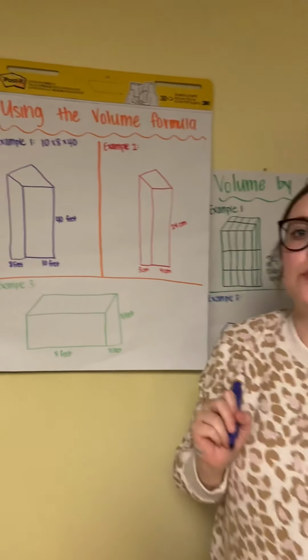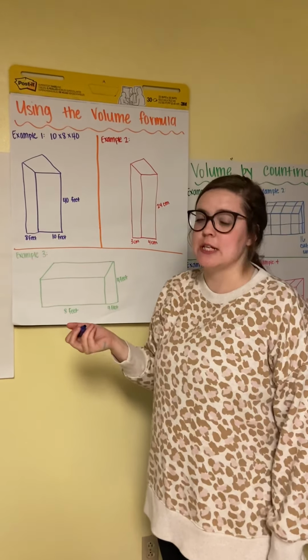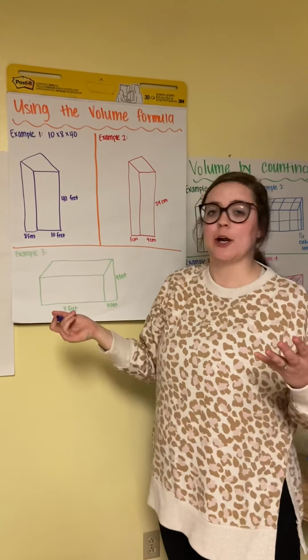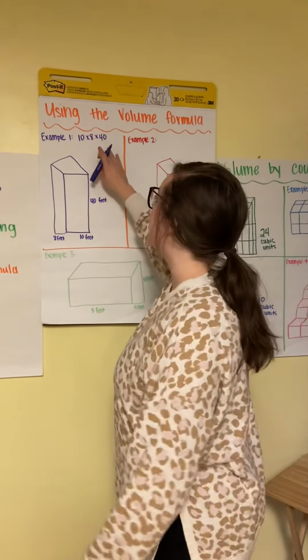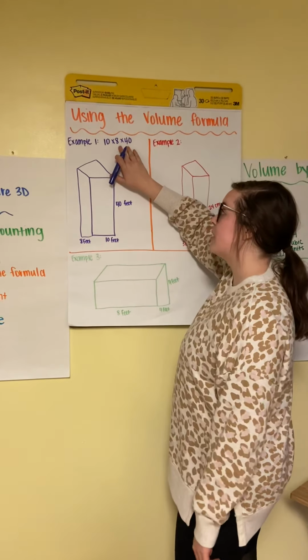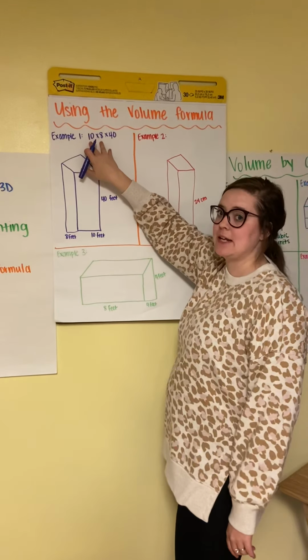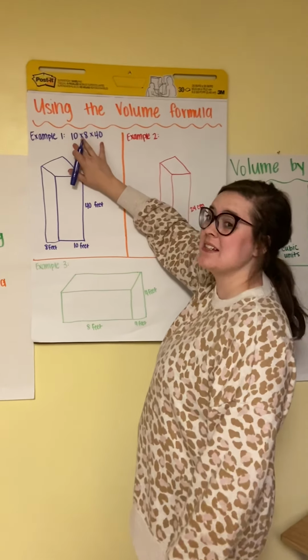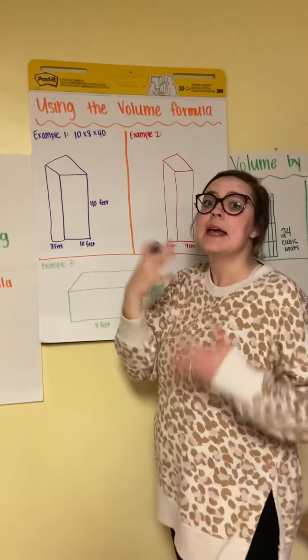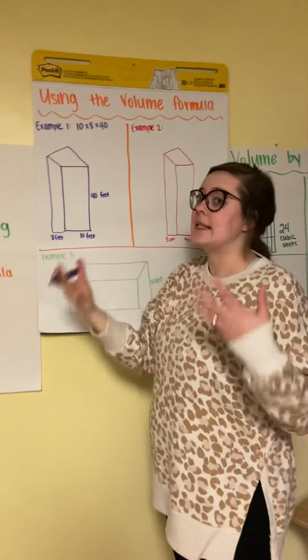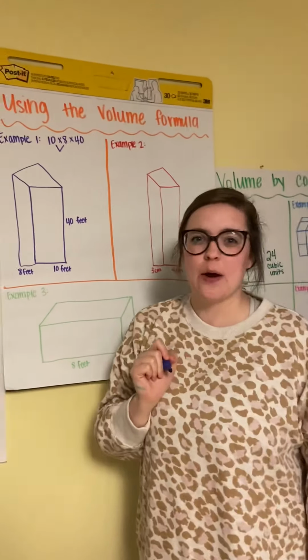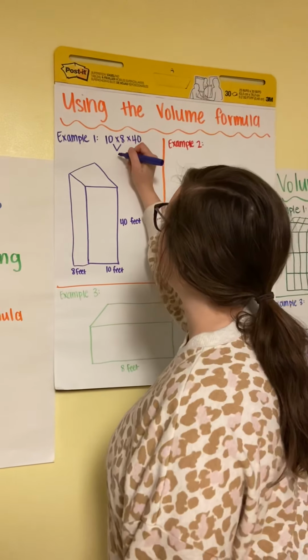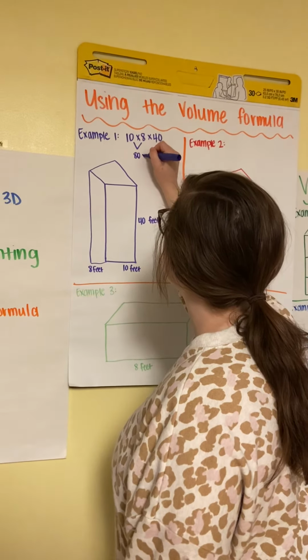So, you know that multiplication is commutative, that big word that means it doesn't matter what order it goes in. So you can choose if you want to do 8 times 40 first, or if you want to do 8 times 10 first. You could even do 10 times 40 and then multiply by 8. It's completely up to you. I'm going to choose to do 8 times 10 first because I can do that quickly in my head. I know that 8 times 10 is 80.